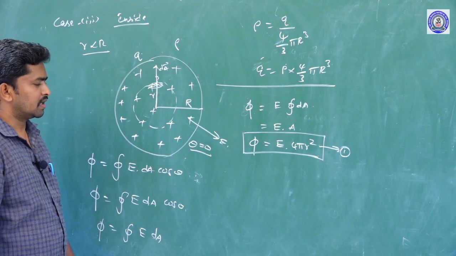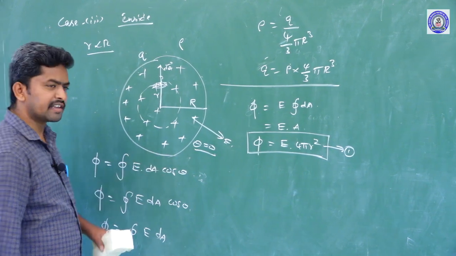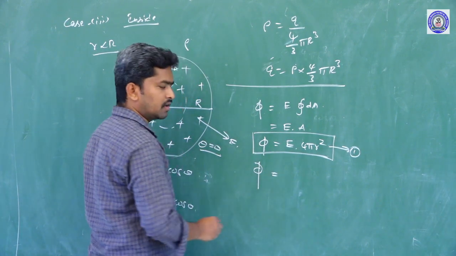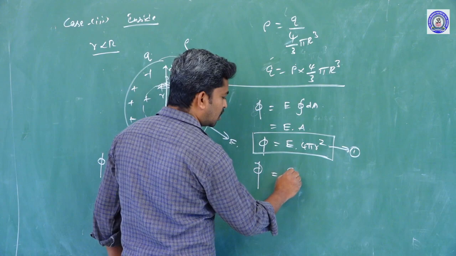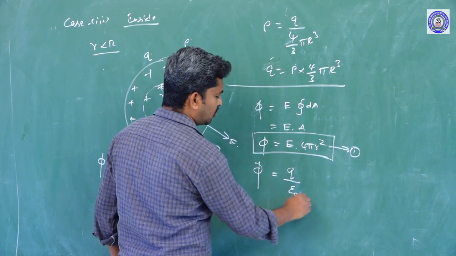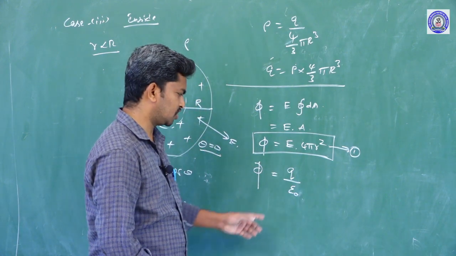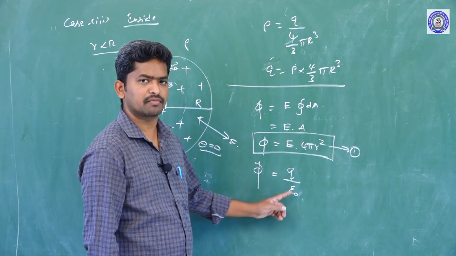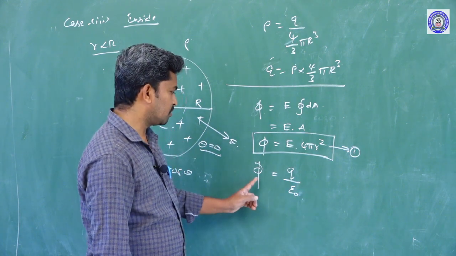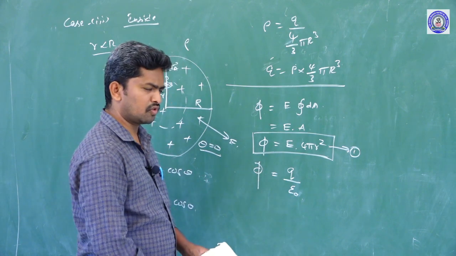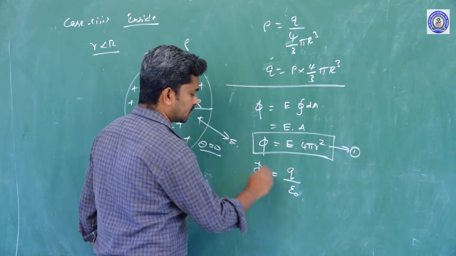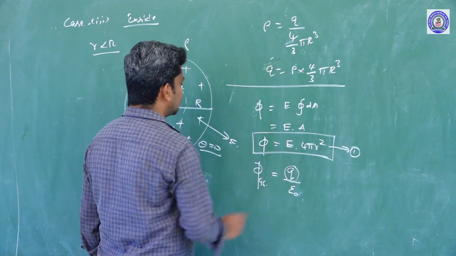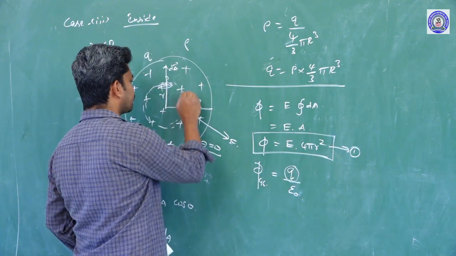Next, according to Gauss law, the net electric flux phi is equal to the net charge enclosed divided by epsilon naught. So phi is equal to q divided by epsilon naught, where q is the net charge in the Gaussian surface.